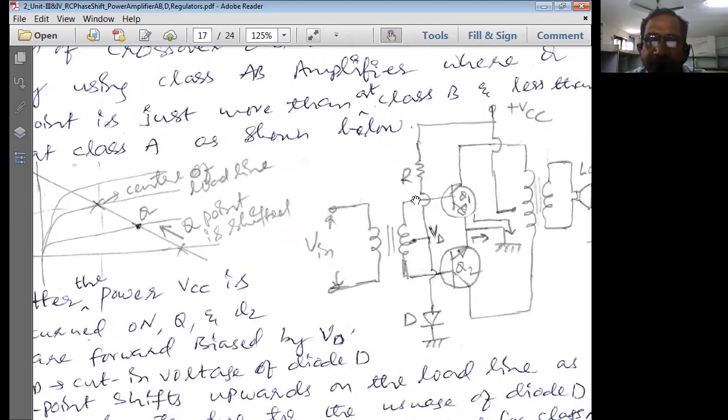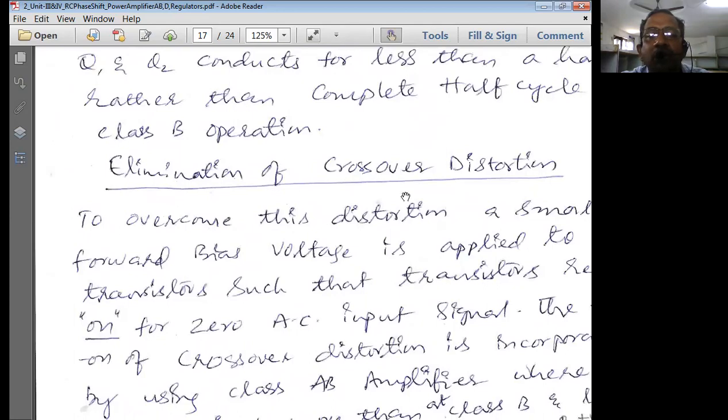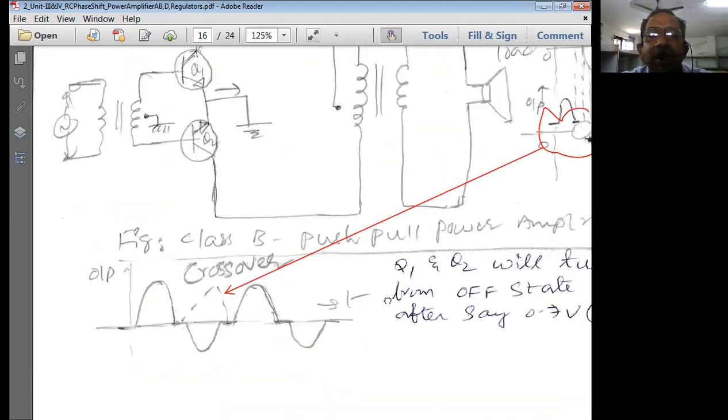Now, the only problem that we are getting here is that when the signal is going in the negative half cycle, one of the transistors, Q2, is not turning on until 0.7 volts. That means from 0 to minus 0.7 volts, that voltage is simply missing here.